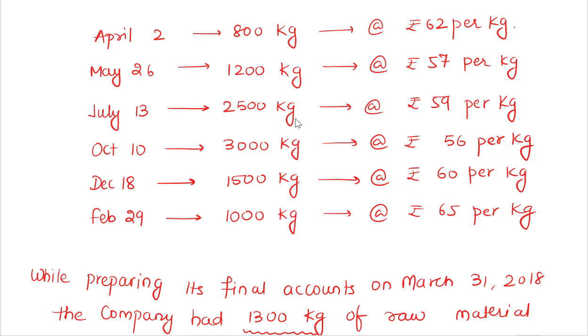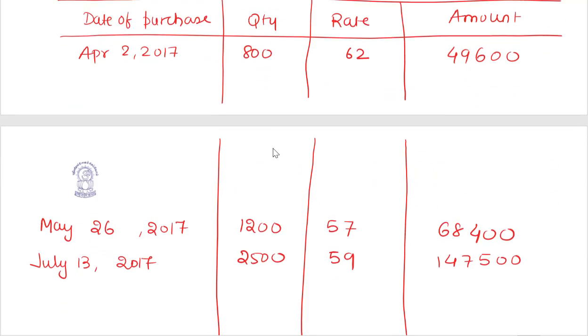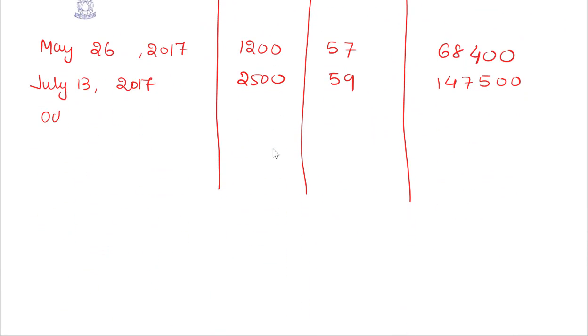The next is October 10, 3000 kgs at 56. 3000 multiplied by 56 is 1,68,000.